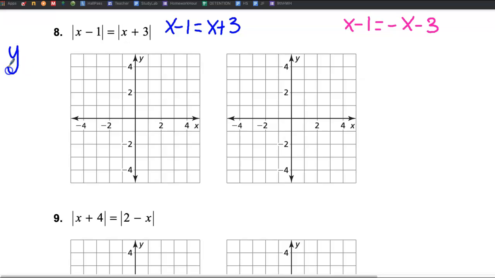Y equals x minus 1 and y equals. Okay. So if I graph that, go ahead and do that.